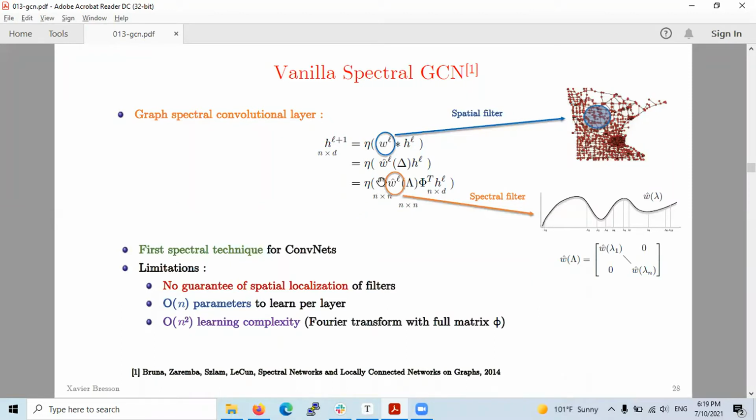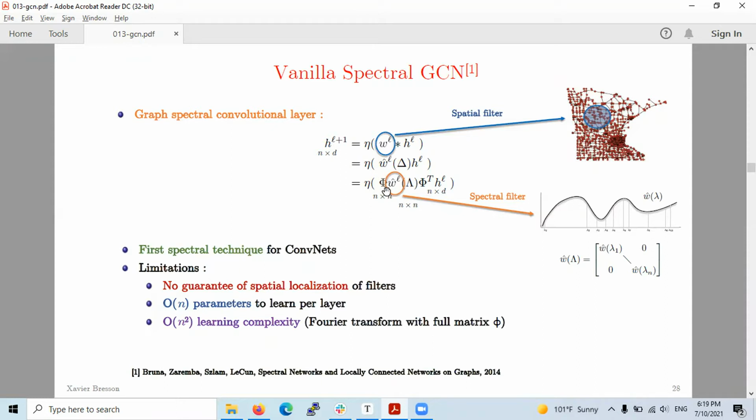And here the phi matrix is the set of eigenvectors, and this set is involved during the learning process.